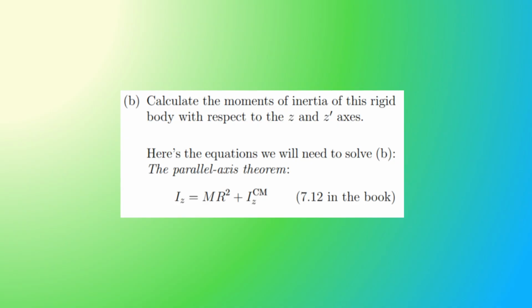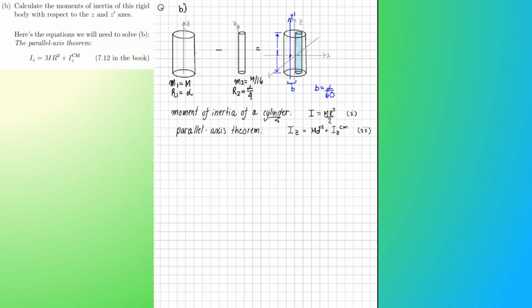So let's jump right into it. First of all, we will need all the information we got from A. So the mass of the second cylinder and the distance between Z prime and Z. We will also need two equations. The first one is the moment of inertia of a cylinder, and we will also need the parallel axis theorem.